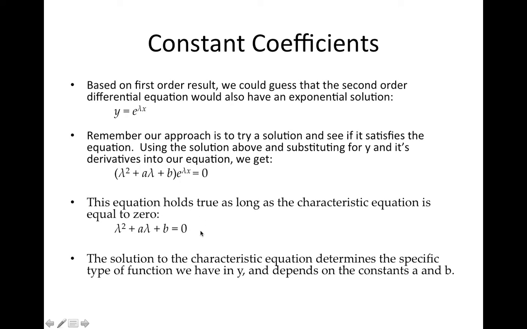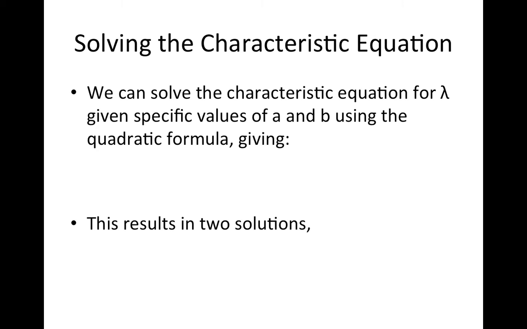So what we really want is the coefficients to be 0. So this is our coefficient equation, also known as our characteristic equation. And what we then need to do is solve for the specific lambda that will satisfy this characteristic equation. And then we have a basis set for a solution for the differential equation.